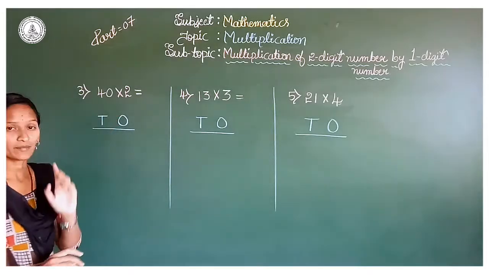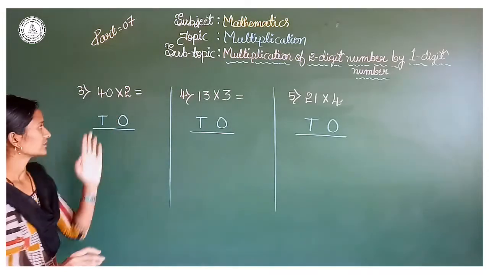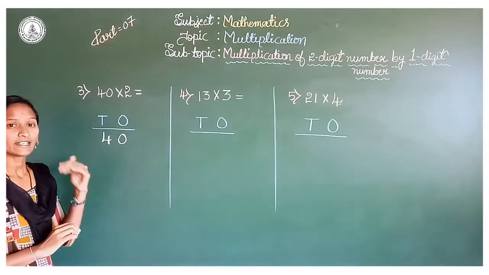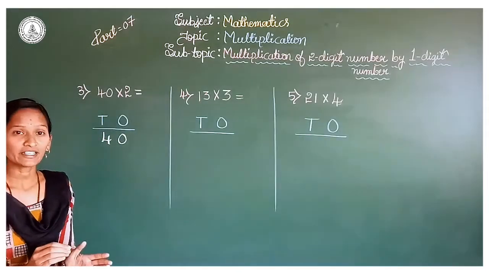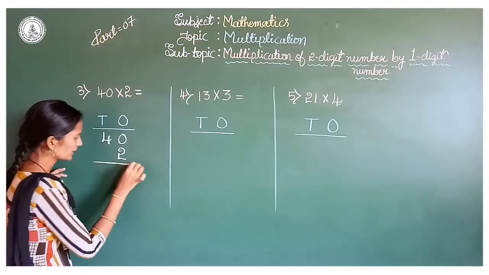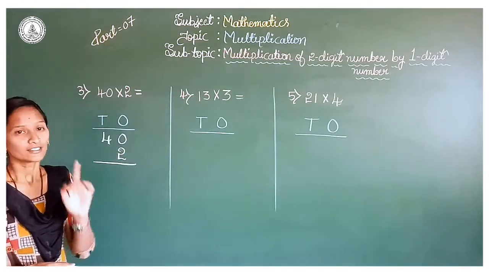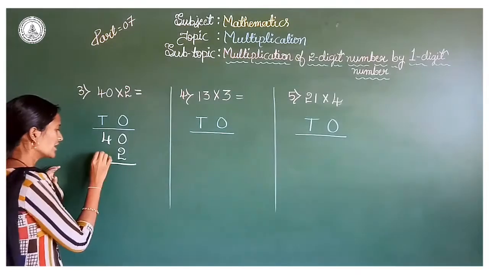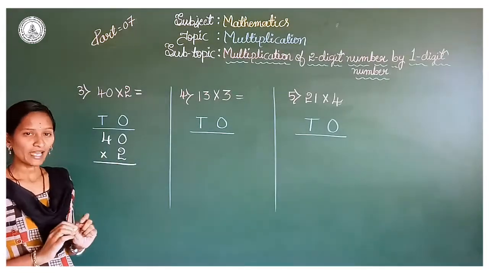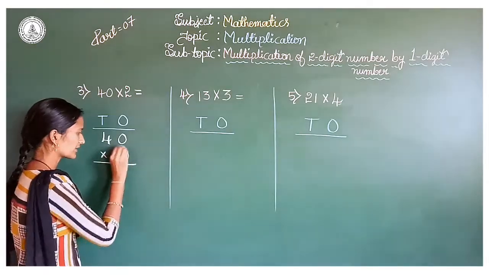So first I am writing the multiplicand, that is 40. The next one: which is the multiplier here? 2 is the multiplier. So I am writing it next and putting the symbol of multiplication in front of the multiplier. 2 is the multiplier. Right?